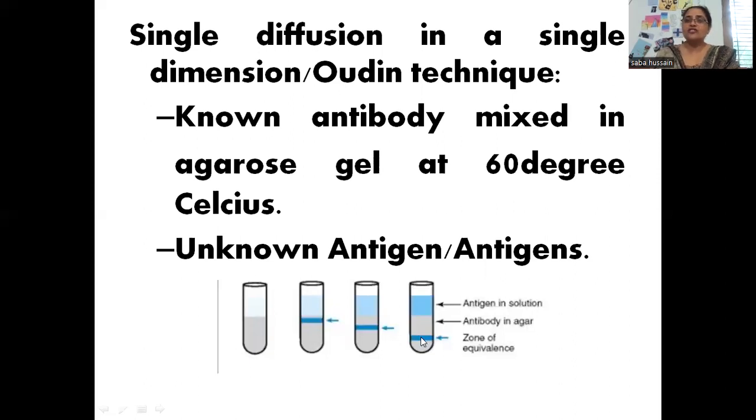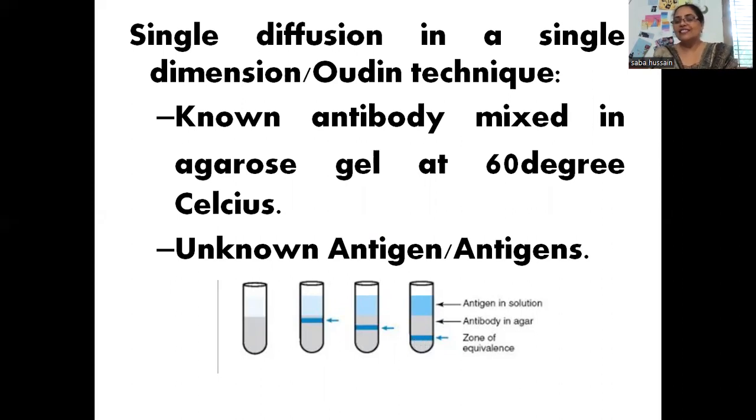What is zone of equivalence? What is the prozone phenomenon? I have already told in my previous lecture when I was talking about antigen-antibody reactions and their characters. So here you will see a precipitate band. You can see this band only when the unknown antigen corresponds to this known antibody, then only this precipitation band will be observed.